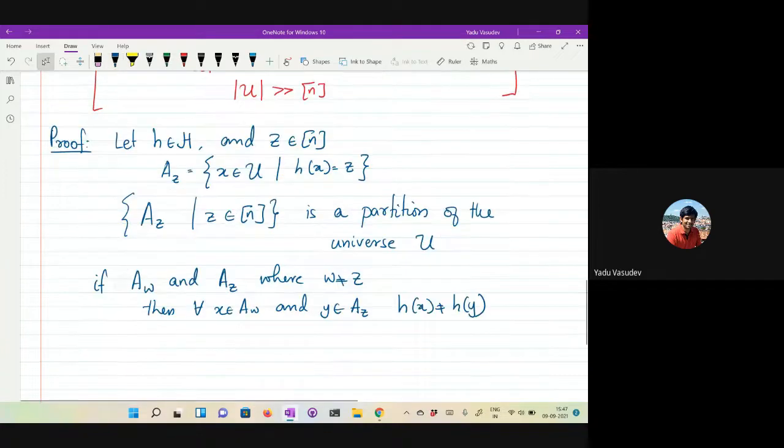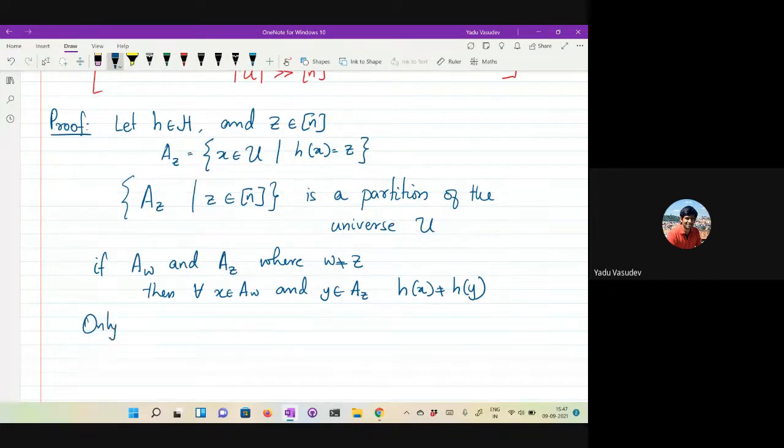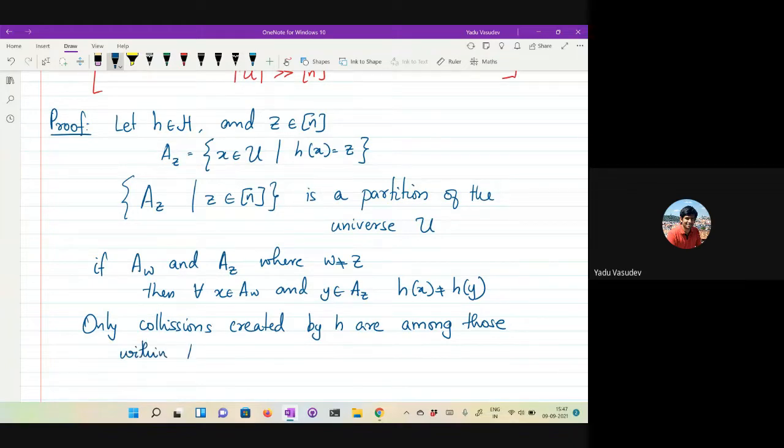So the only collisions created by h are among those within one of these sets. Correct?